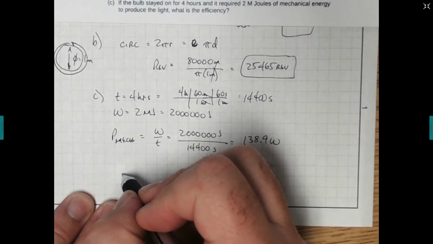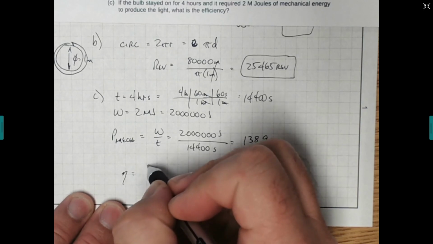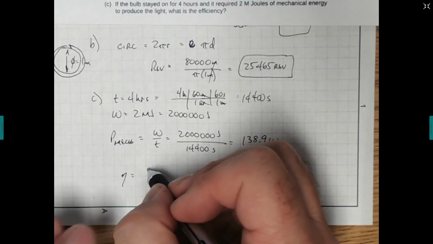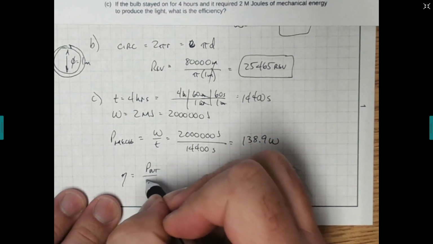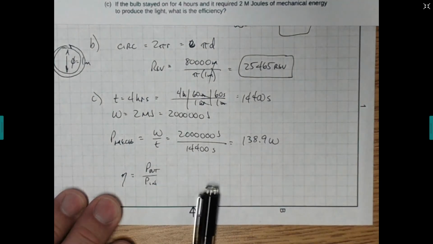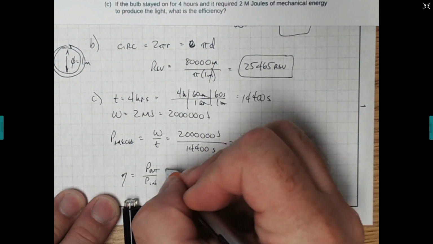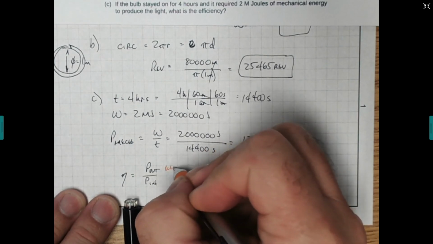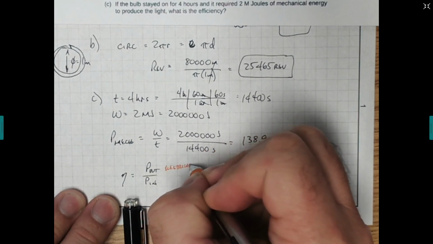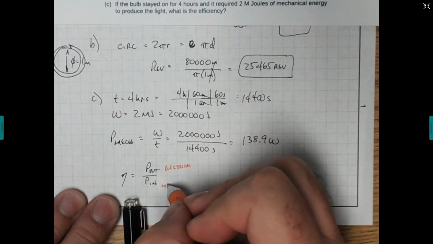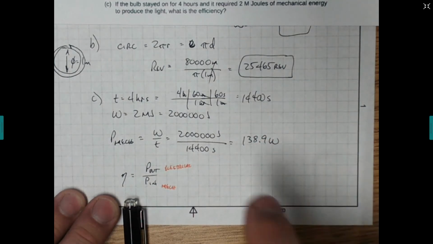So my equation for efficiency was equal to my power out over my power in. Remember, the out was the light bulb, so the electrical. And the input was the mechanical, which is what we just solved for.